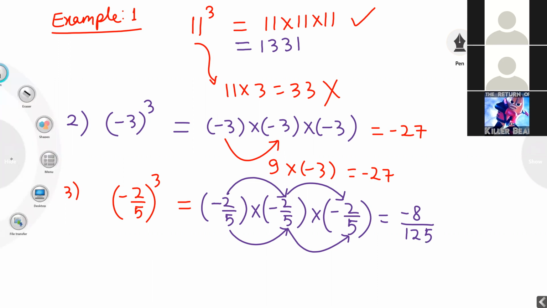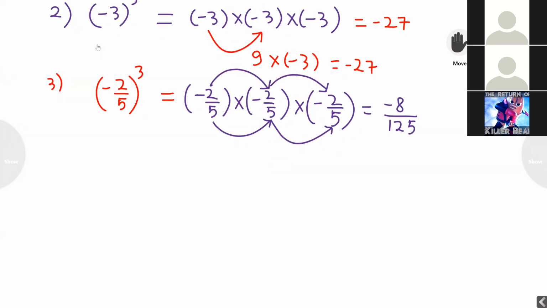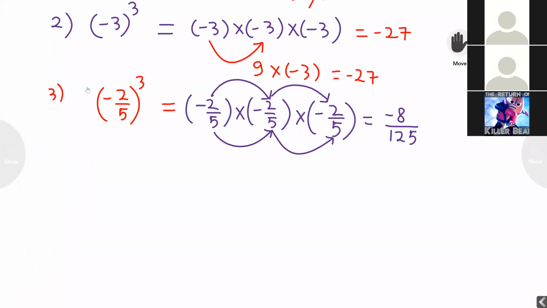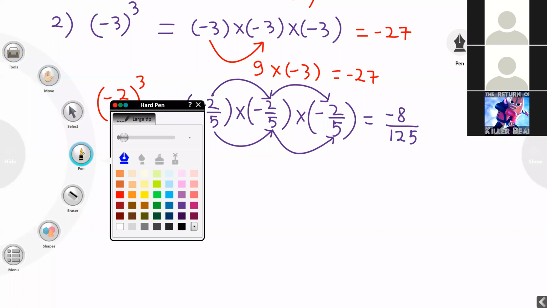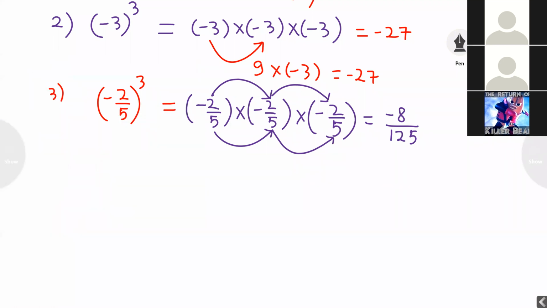Fourth example. I am writing, students, you will give the answer. I want to check how many students are giving the right answer. Very famous question: 0.3 cube.